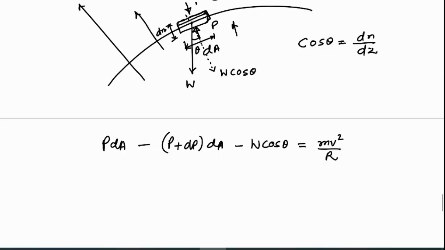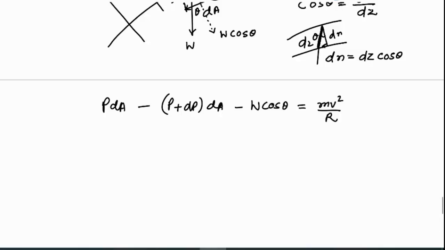This length is dn, this angle is theta, and this length is dz. Cos theta is nothing but dn by dz, because this is perpendicular. So cos theta is equal to dn by dz, which means dn is equal to dz cos theta.